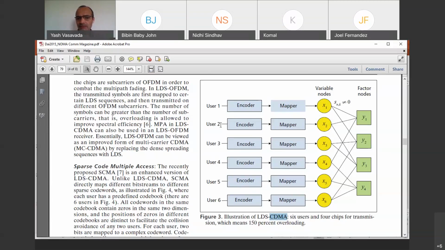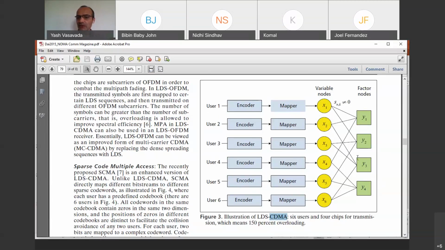There you would have a spreading sequence with 8 chips per symbol. Instead of those 8 chips, here in this LDS-CDMA they are using 4 chips.